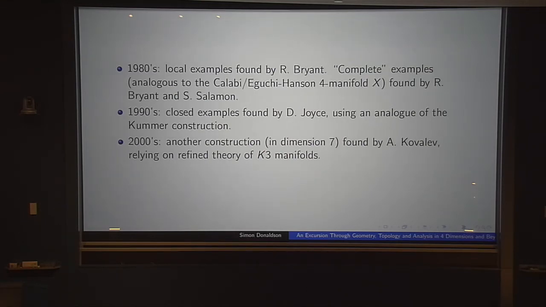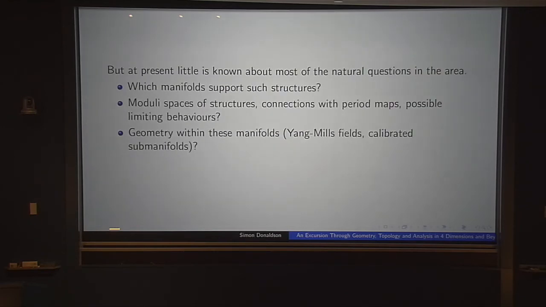Then a bit later still, another construction in this 7-dimensional case was found by Alexei Kovalev, which relied on the refined theory of these K3 manifolds that we've talked about. We built up a 7-dimensional manifold by gluing together some things, roughly speaking, along the product of a K3 manifold and a 2-dimensional torus.